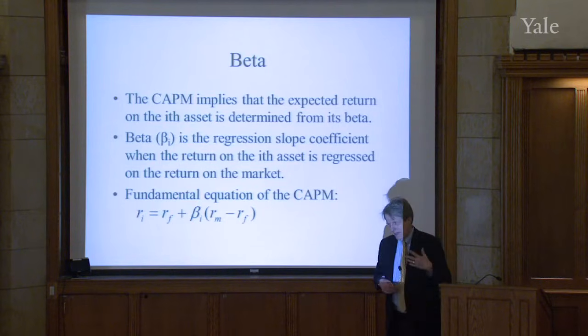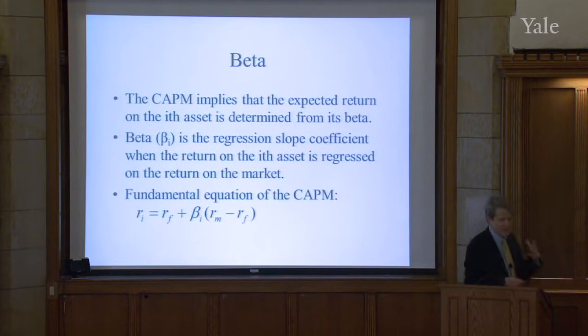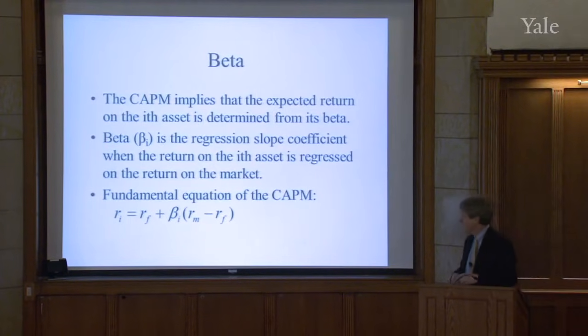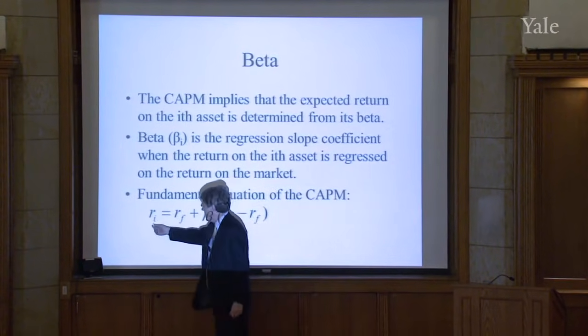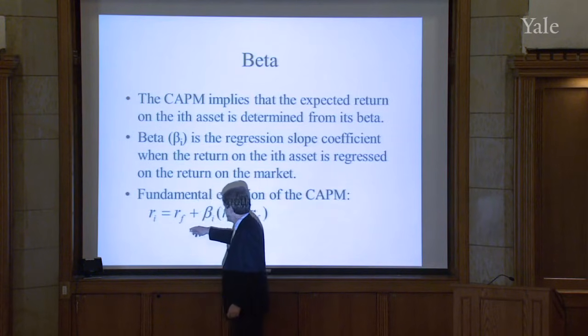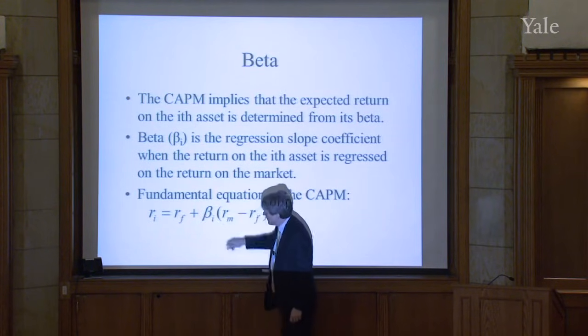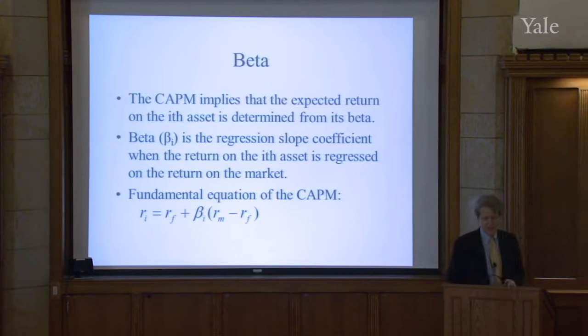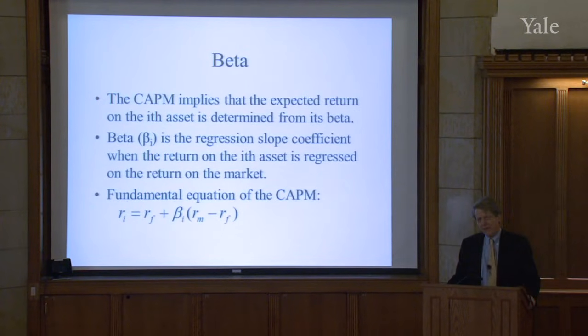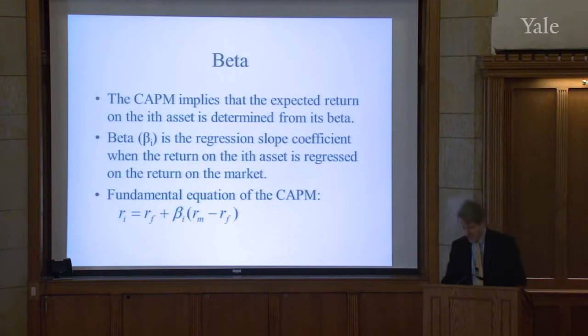That means they respond in an exaggerated way. It's not 1, it's greater than 1. They more than move with the market. And so investors will demand a higher return on Apple stock because its beta is greater than for other stocks. That's the core idea that underlies it. Do you see that intuitively? So you have to change your idea of what risk is. Risk is covariance. It's co-movements.